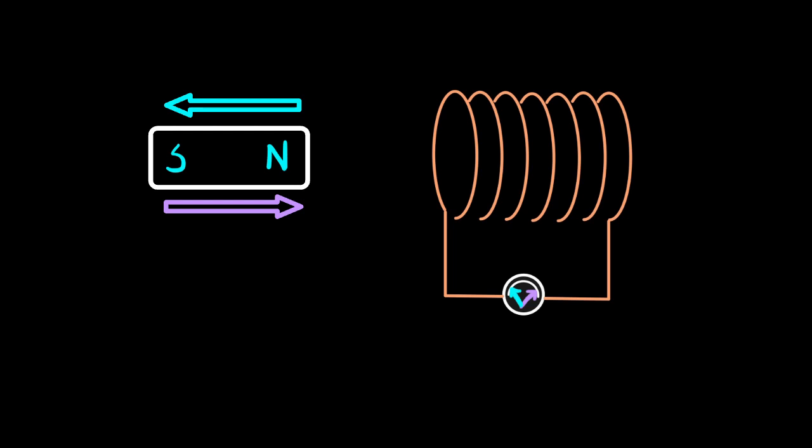Now let's say we are talking about when this bar magnet is being moved towards the coil. If I say that this pole here was north, and for the sake of argument say that the pole which was here was a south pole, let's see what happens.